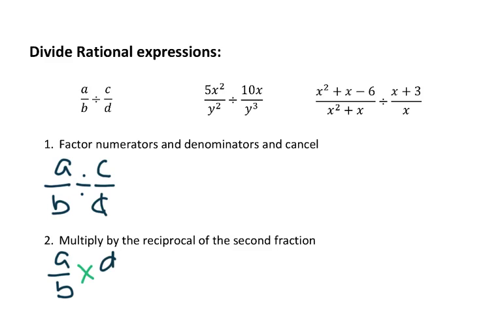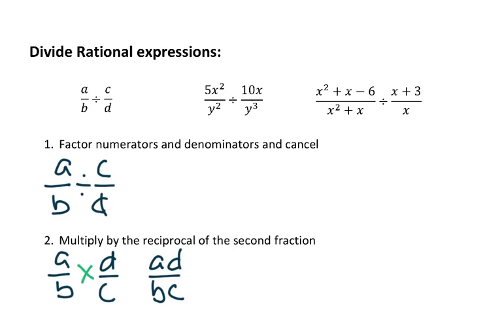And it becomes d over c. And this simplifies to ad over bc. And now I have a multiplication problem. If I could simplify this any further, I would.